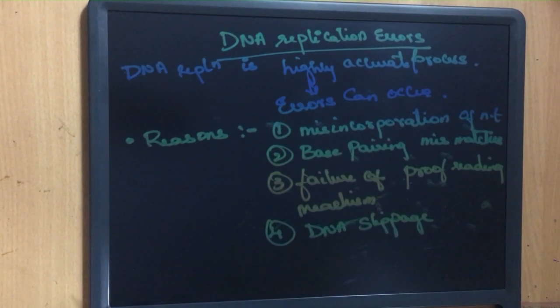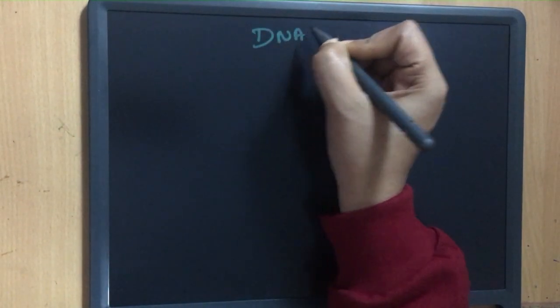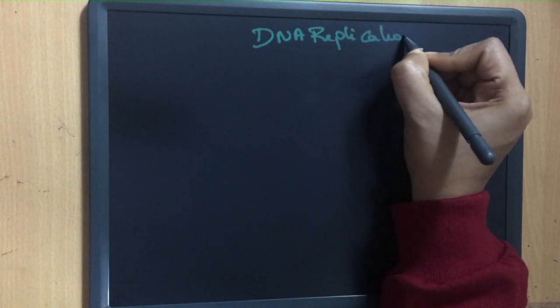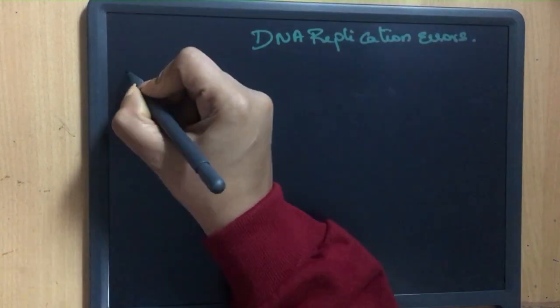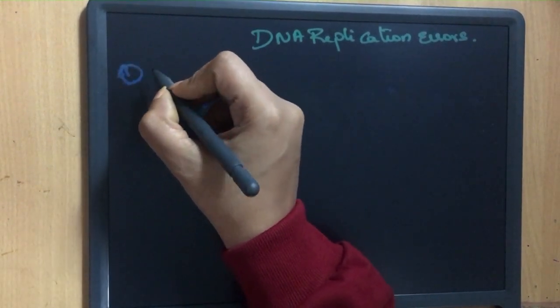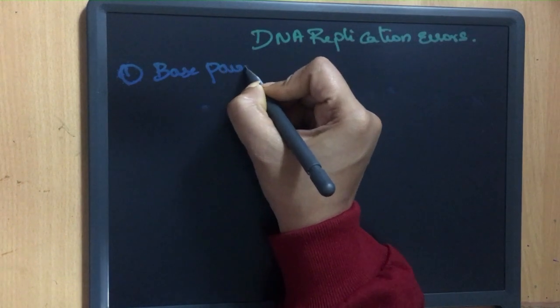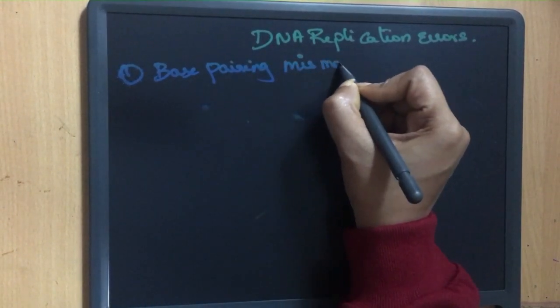Okay. Now let's look into the DNA replication errors. The first one is base pairing mismatches.